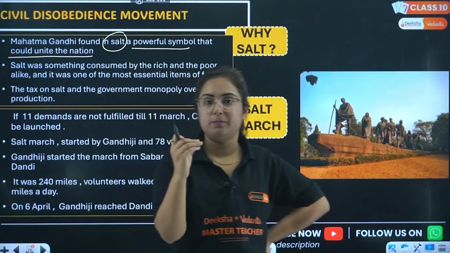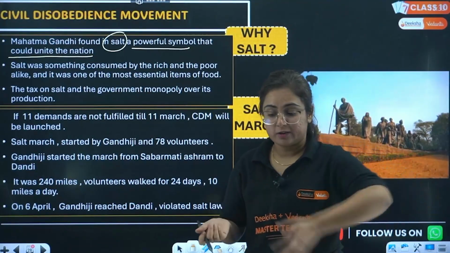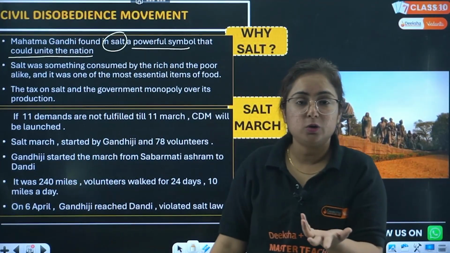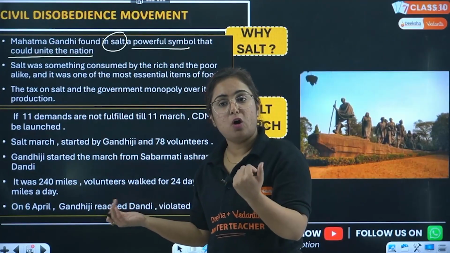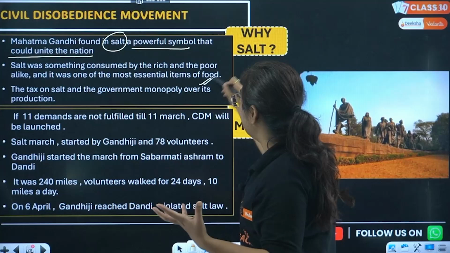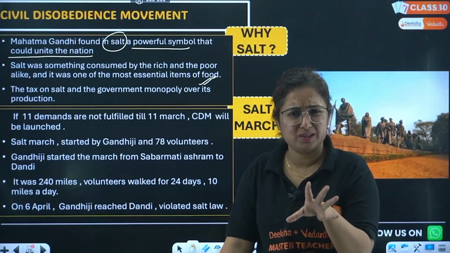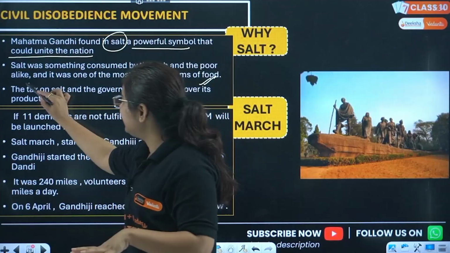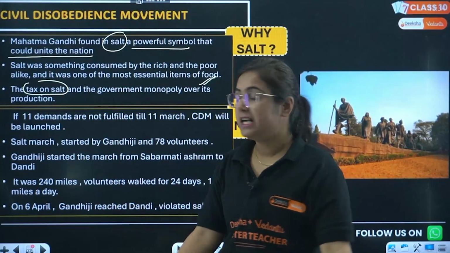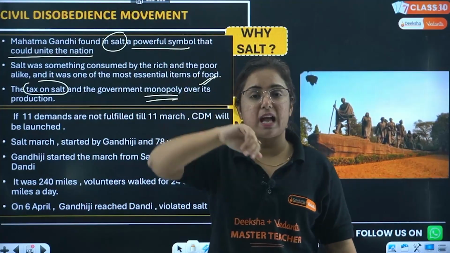So salt is something that is consumed by every Indian, irrespective of which religion they follow, which caste they belong to, or whether they are economically rich or poor. It is consumed by everyone in the country. And you know what Britishers were doing? A very inhuman thing. They were applying tax on the consumption of salt, and they even said that there would be a monopoly for the production of salt only in the hands of Britishers.